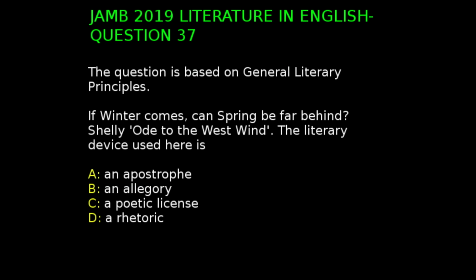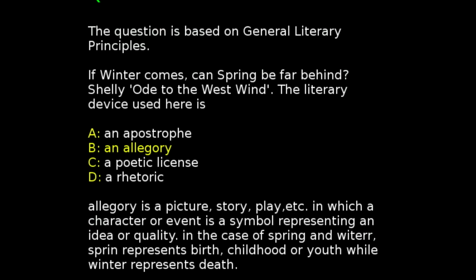An allegory. This is because an allegory can be defined as a picture, story, or play in which a character or event is a symbol representing an idea or quality. In the case of this poem, Ode to the West Wind by Shelley, spring represents birth, childhood, or youth, while winter represents death.